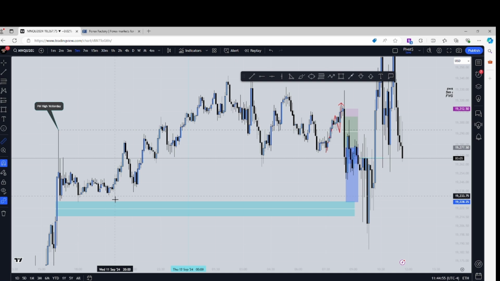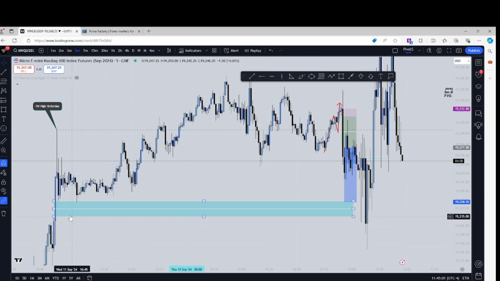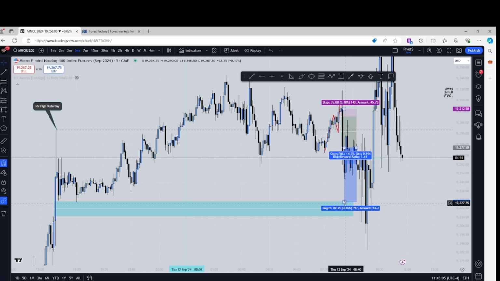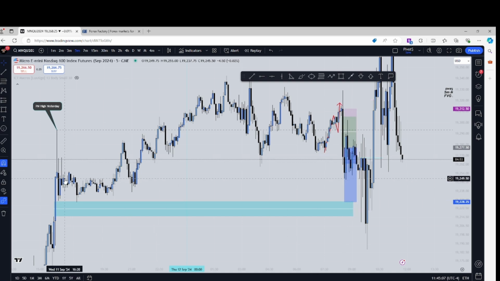This is not too much of a tick off. And we also had an imbalance here, because technically I was at the end of this imbalance here that wasn't filled. So from here to here, it wasn't filled in.